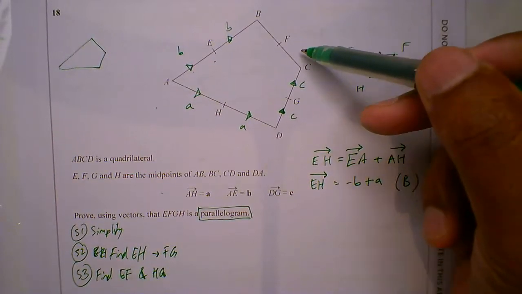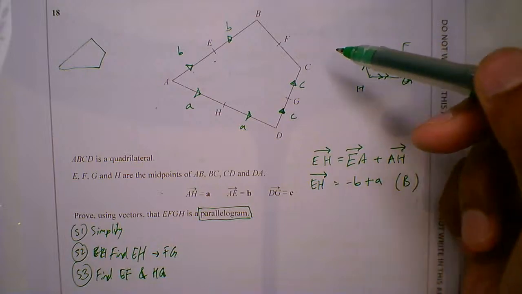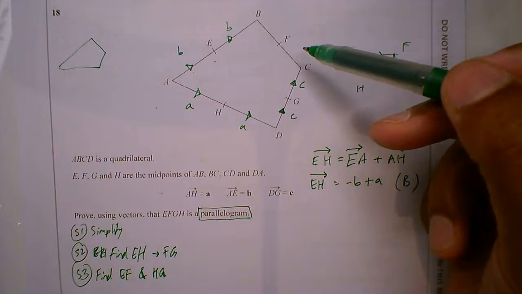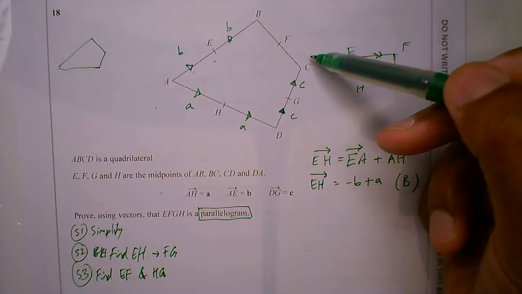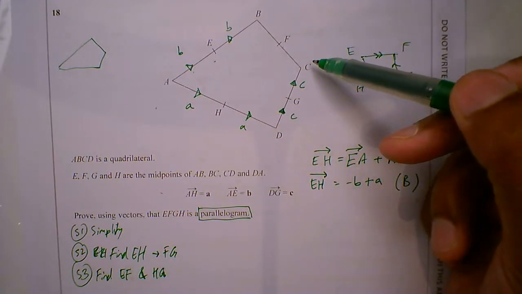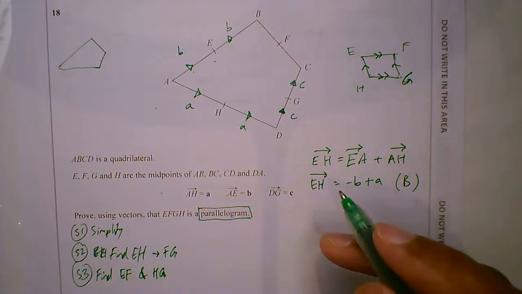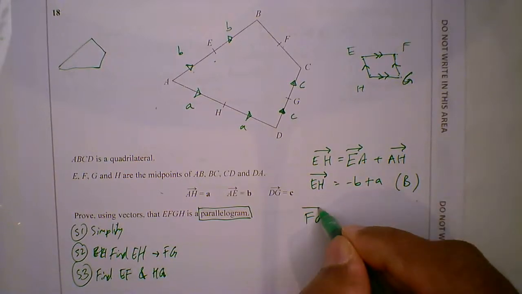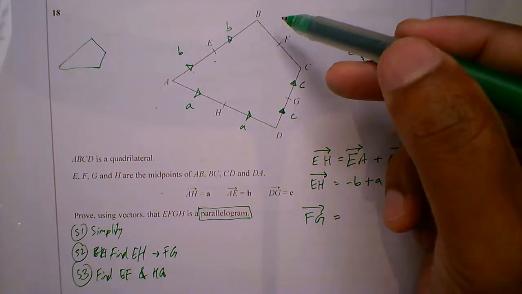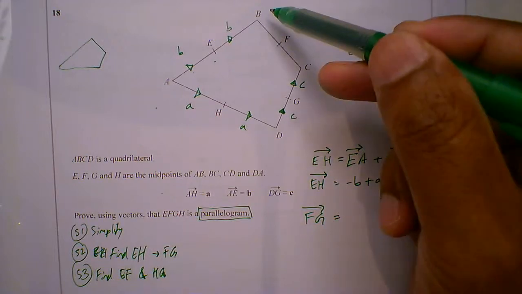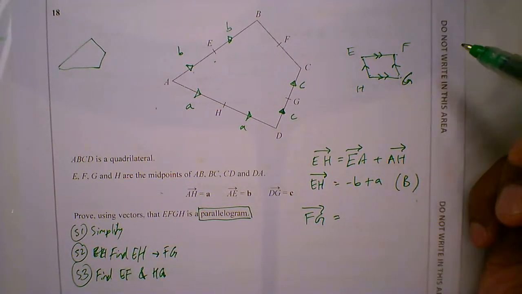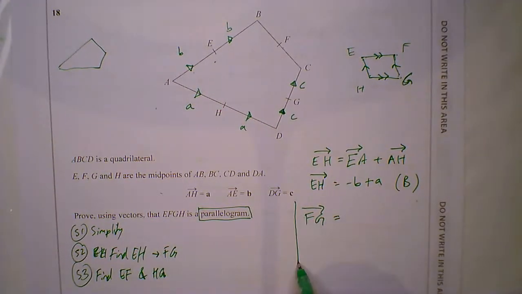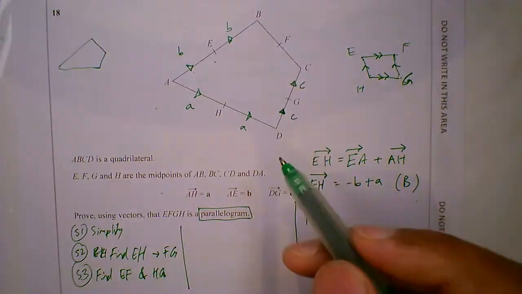So I need to work out B to C. If I can work out B to C, I can work out F to C, and then I can go from F to C, C to G. Let me first write my plan down: F to G equals half of B to C. I'll come back to this because of that problem, so let's do B to C first.